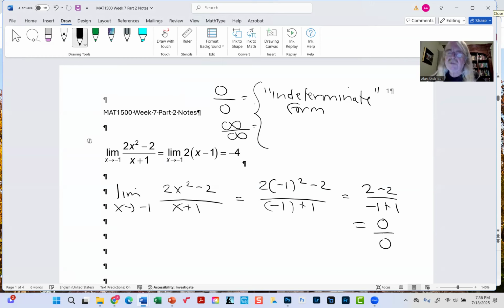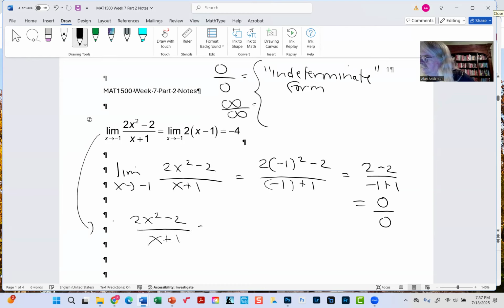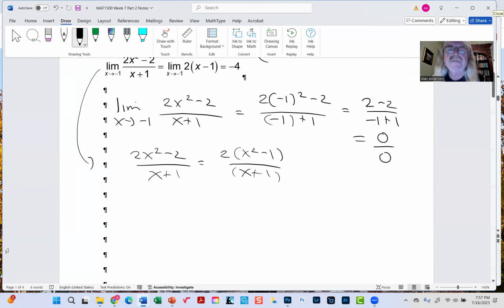So now sometimes there are algebraic techniques we can use to avoid this problem. Here, for example, what they've gone ahead and done is a little factoring. And of course, you might recognize that x squared minus 1 is x plus 1 times x minus 1.